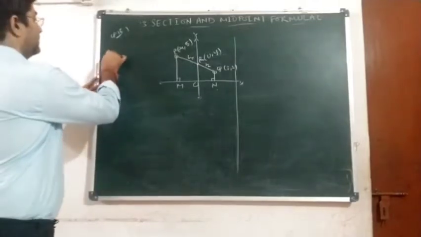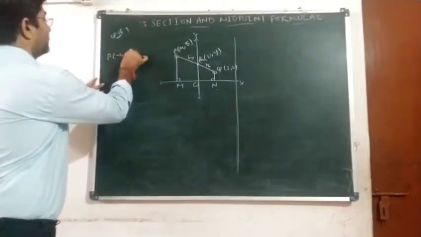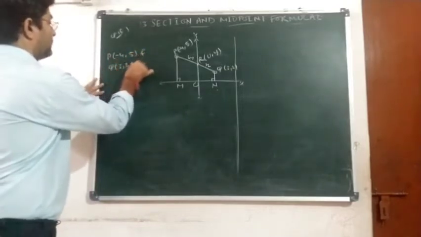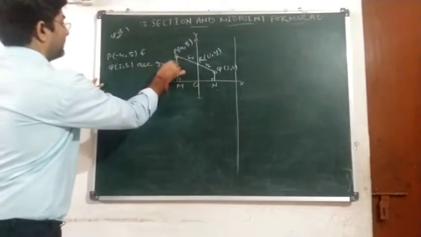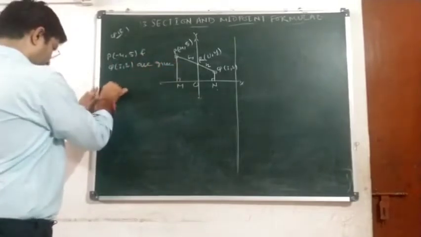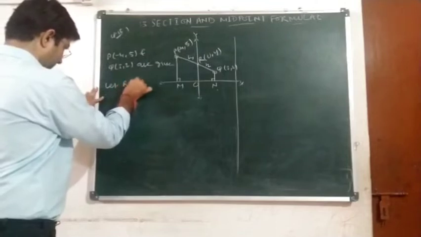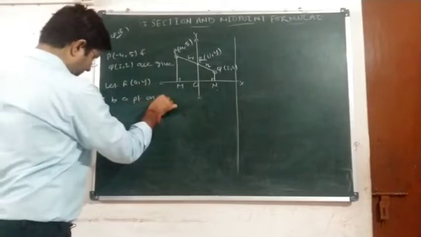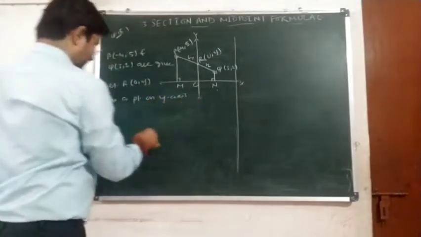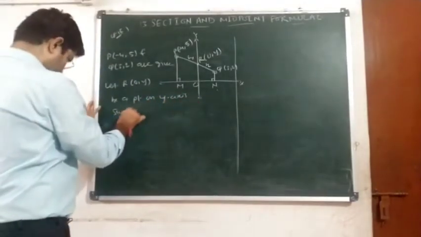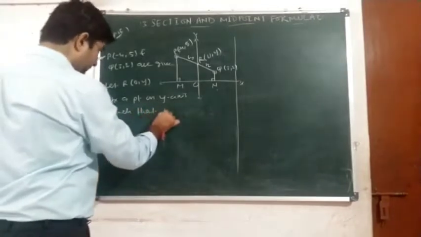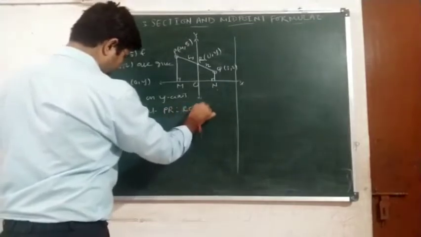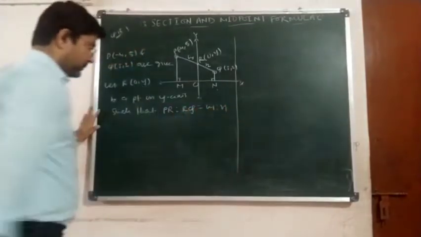Okay, so let us consider that the ratio PR is to RQ is m is to n. P(-4, 5) and Q(3, 2) are given. Let R(0, y) be a point on the y-axis such that PR is to RQ is equal to m is to n.